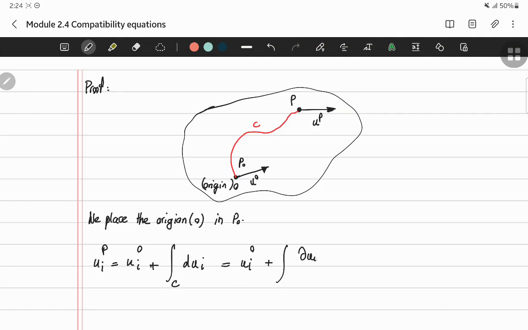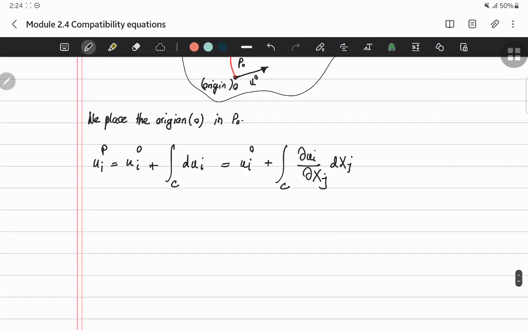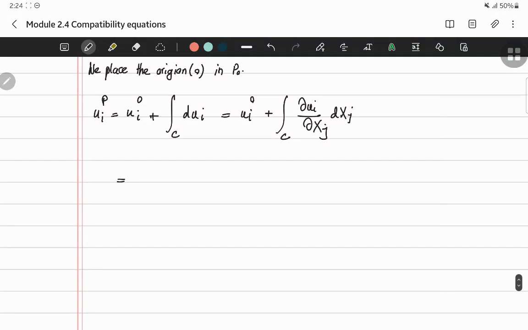I can write it as the partial derivative of ui with respect to xj, dxj, on C. So if you remember this one, it was basically del u, the displacement gradient. So this was equal to ui O plus the integral of del u dxj on C.